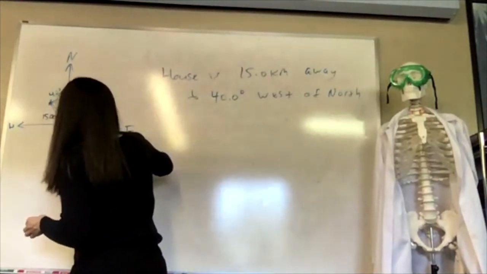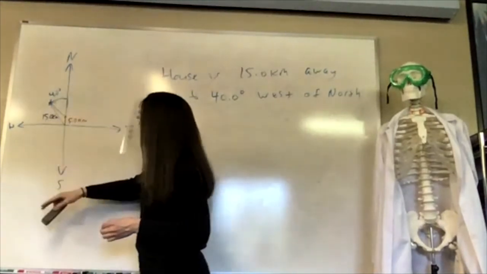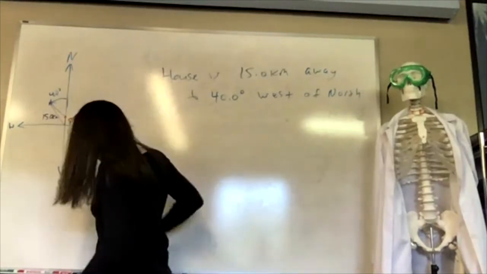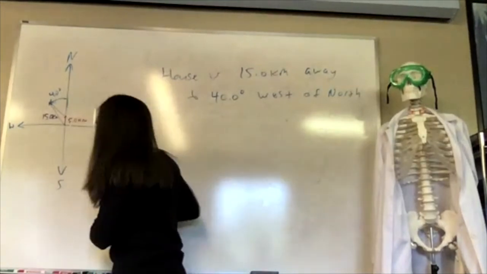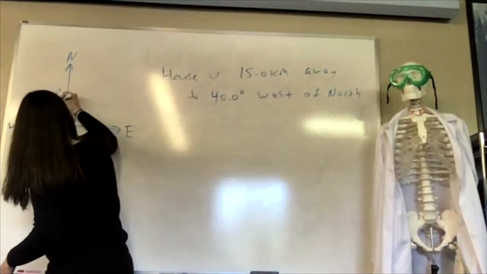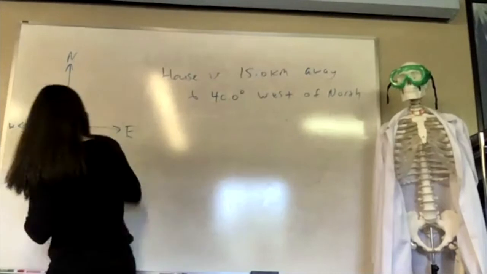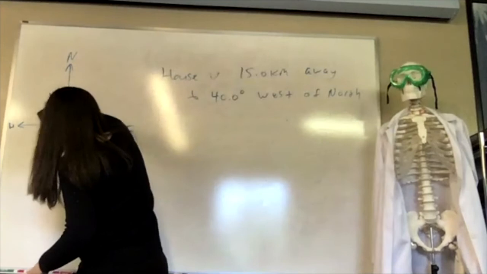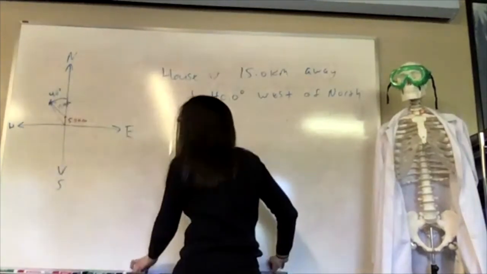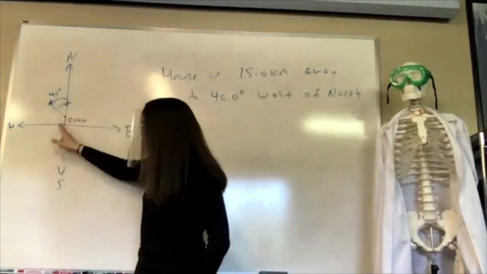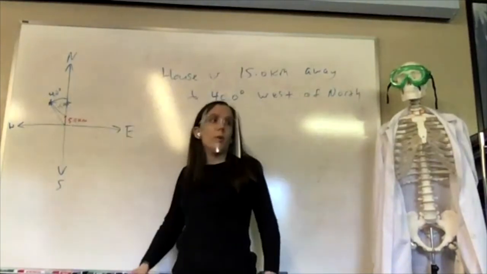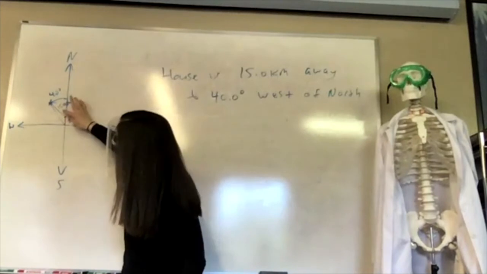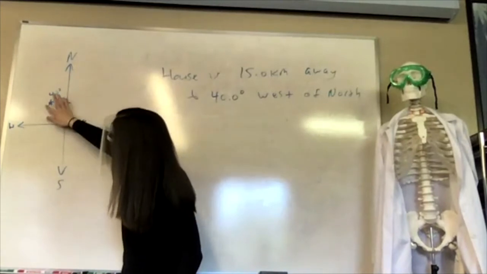Let's make this a little bit easier. Let's say that we know this is 15 kilometers right here, and we don't know this one. That actually makes it easier to work through. What we know is that we went up 5 kilometers north, then 15 kilometers this way. What we're trying to do is find out the house.